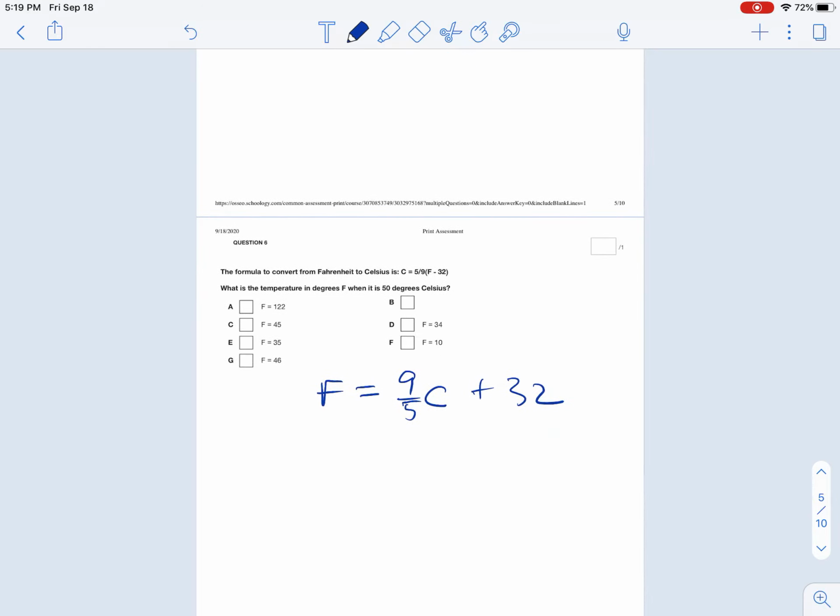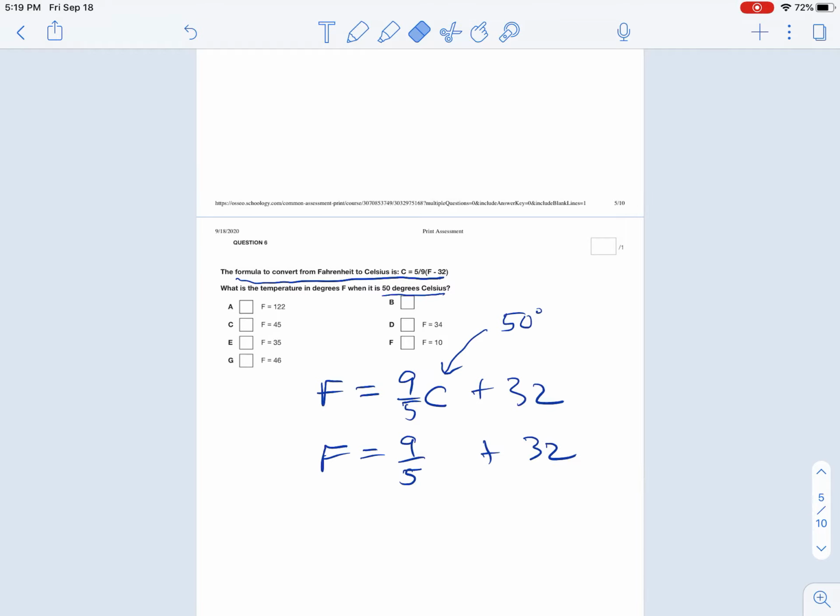And what we want to do in this next one is, the formula to convert Fahrenheit to Celsius is that. What is the temperature in degrees Fahrenheit when it's 50 degrees Celsius? So what that means is wherever I see a C, I'm going to put in 50 degrees. So F equals 9/5 C plus 32.